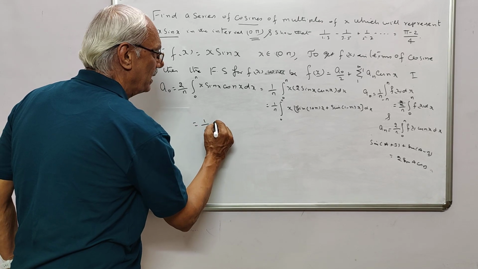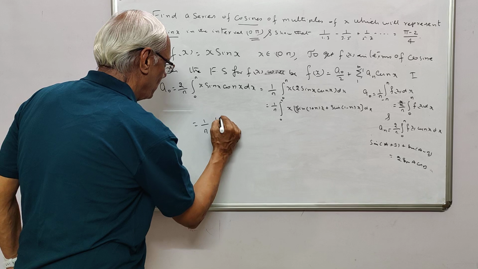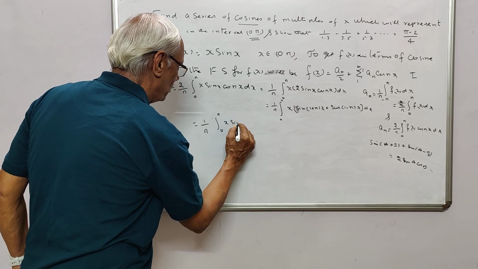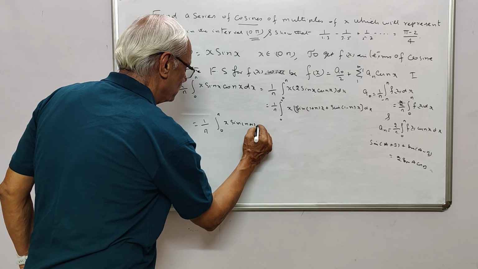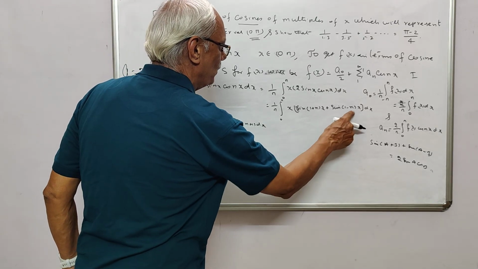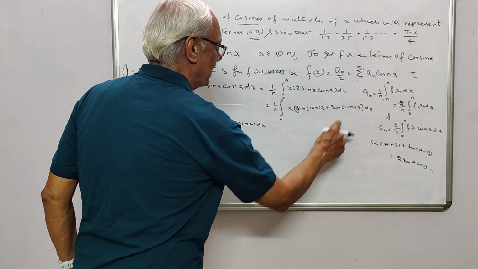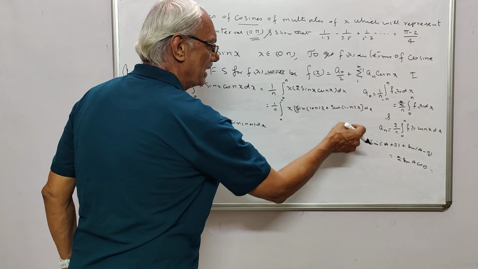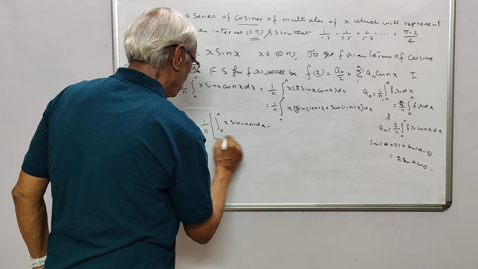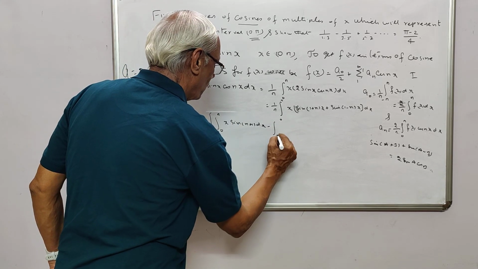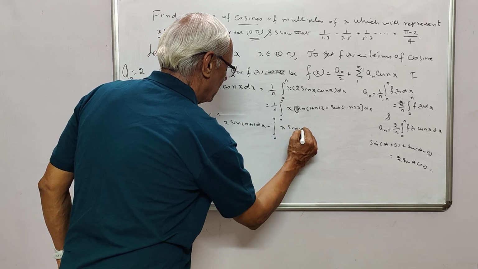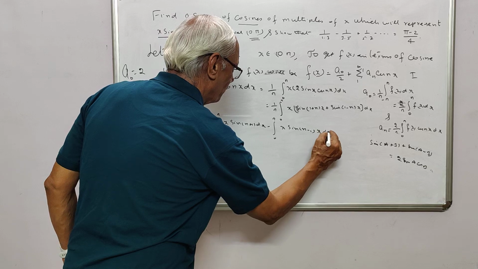So 1 by pi, the integral from 0 to pi of x into sine of (n plus 1)x dx. And let me have it uniform. Instead of 1 minus n, I will write n minus 1. This minus will come, since sine of minus theta is minus sine theta. So I will write this as the integral from 0 to pi of x into sine (n minus 1) of x dx.